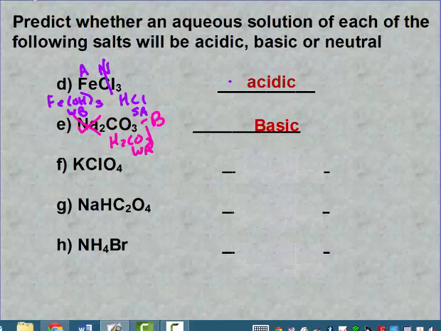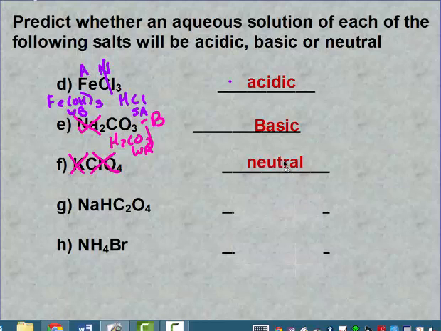What about F? Which piece is neutral? Both of them, because KOH is strong and perchloric acid is strong. Therefore, it is neutral. Good there? All right, NaHC2O4.